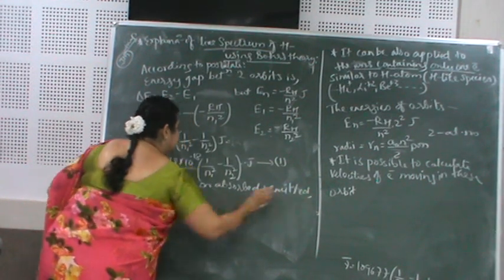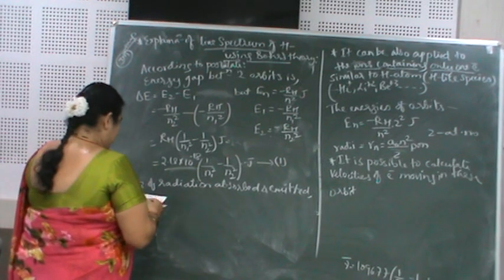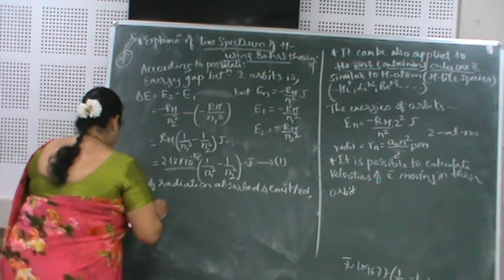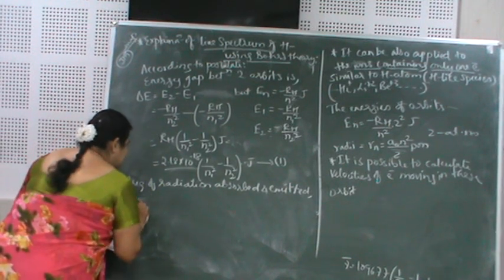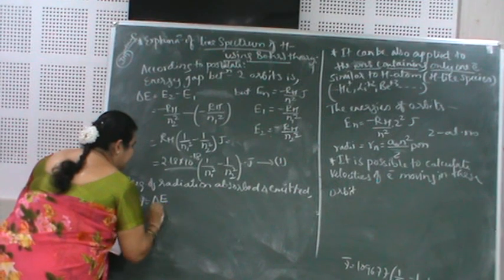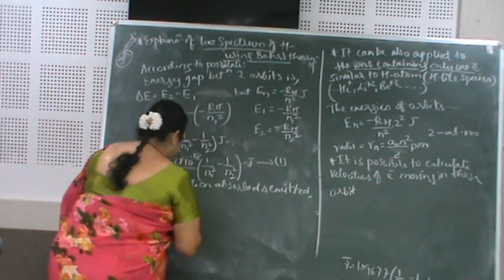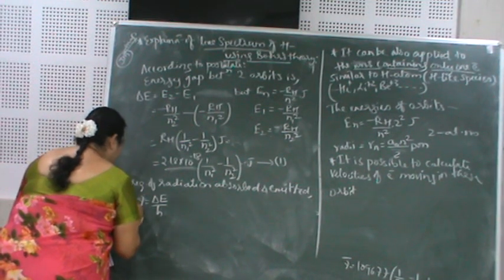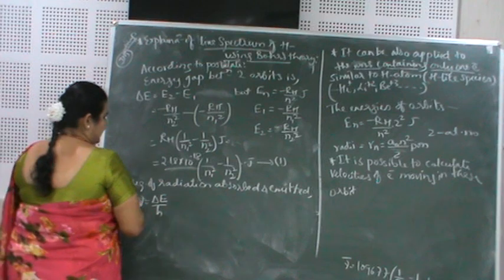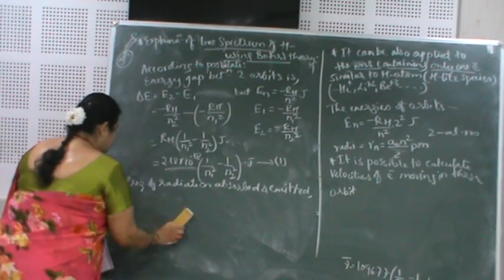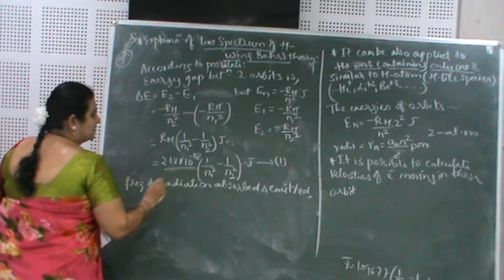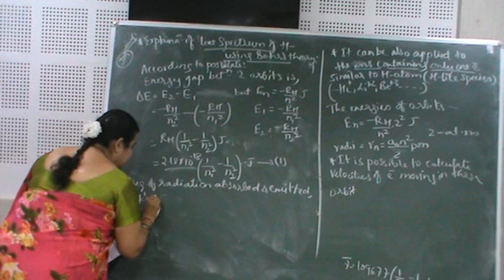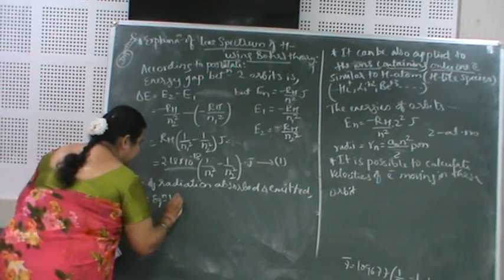Frequency of radiation absorbed or emitted is given by nu is equal to delta E divided by h. This is Planck's equation. So, given by Planck's equation, delta E is equal to h nu. So here the frequency of radiation absorbed or emitted is given by Planck's equation. So what is the Planck equation?